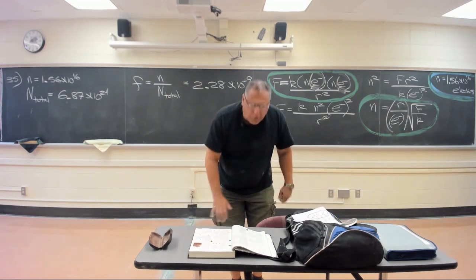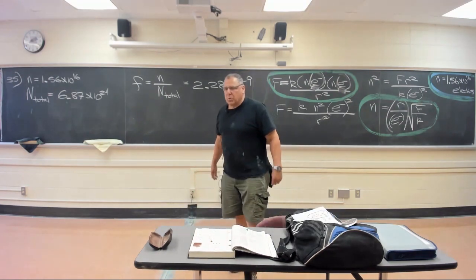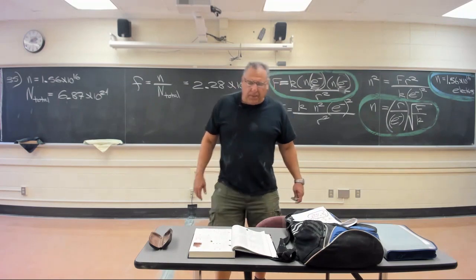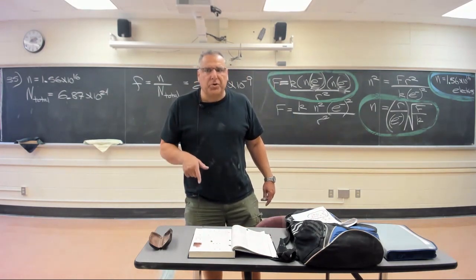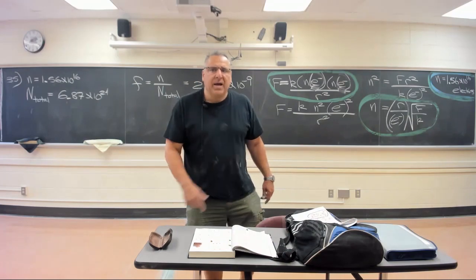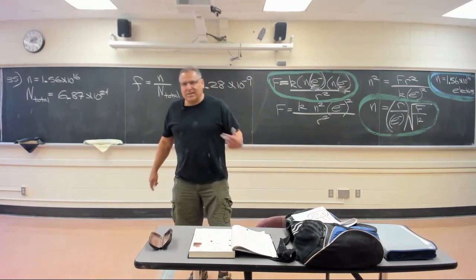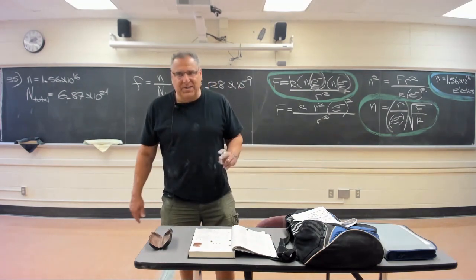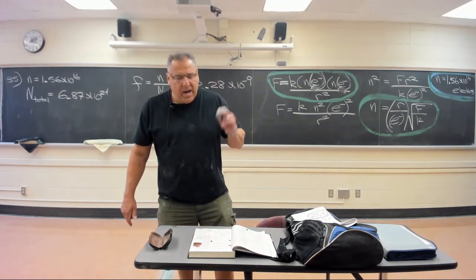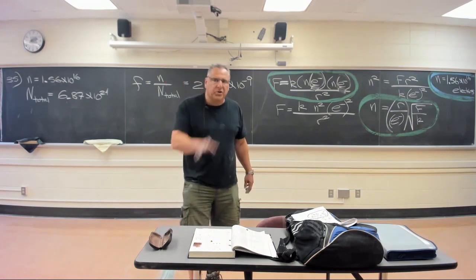Well, look, they're both positive, so there's a repulsive force. Each one is going to try to push a positive charge toward the other charge. If you put a positive charge in the middle, each one's going to try to push it toward the other.